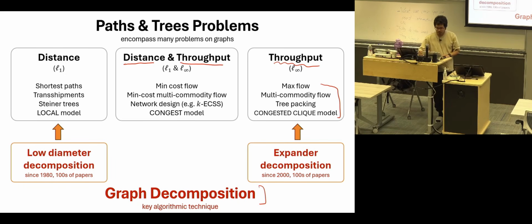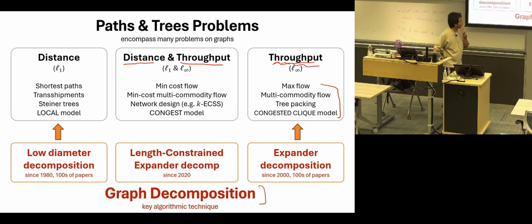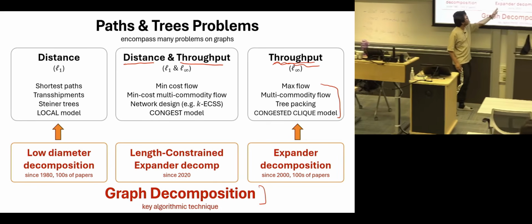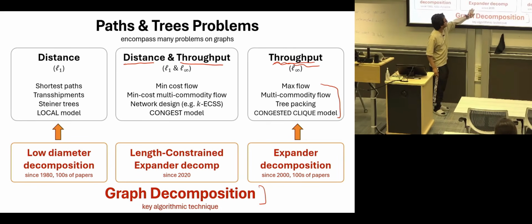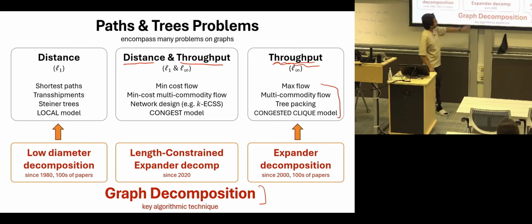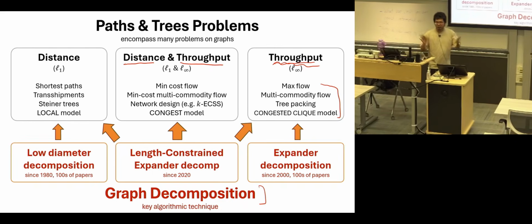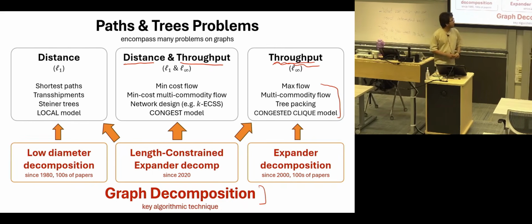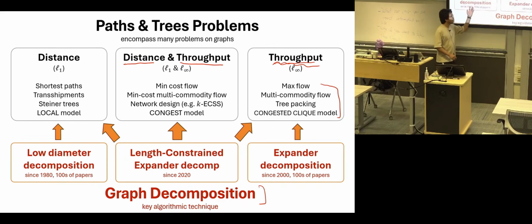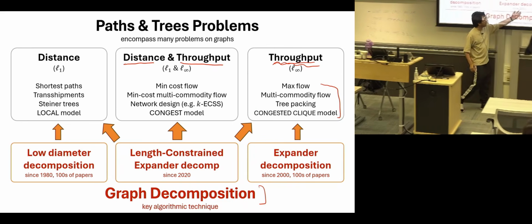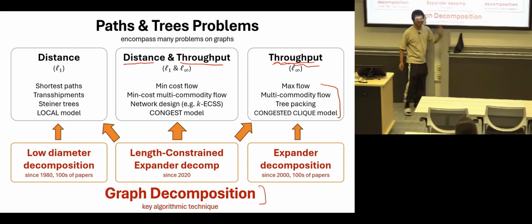There is a more recent one called expander decomposition that is good for throughput problems. And there's a more recent one called length-constrained expander decomposition that is kind of good for all of this. Okay. And I'll try to teach you all of these basically.